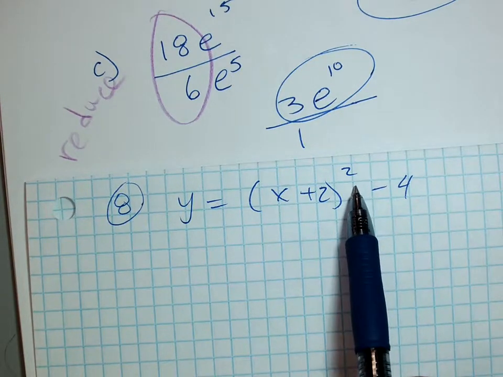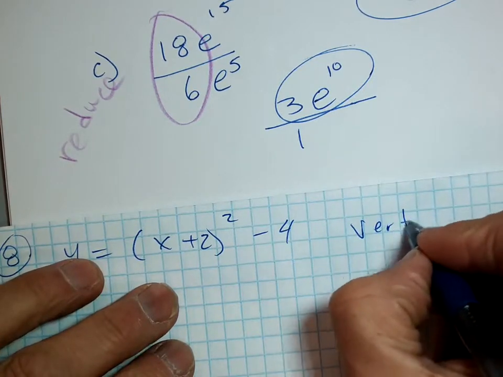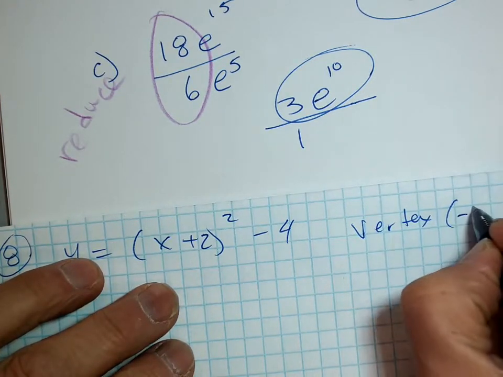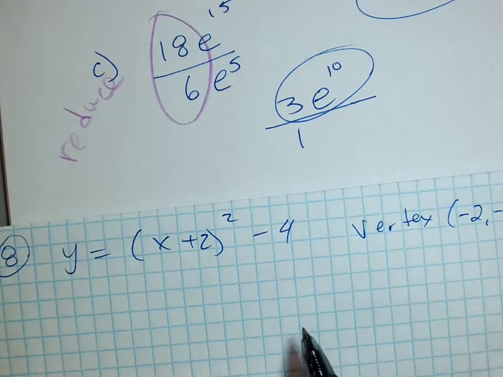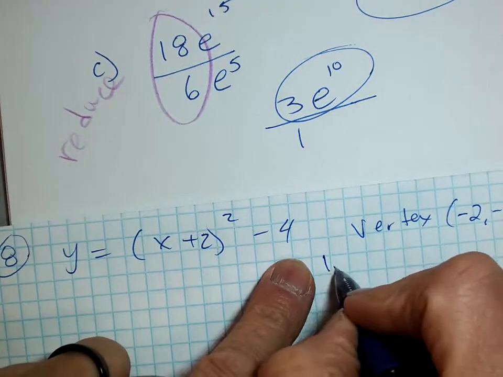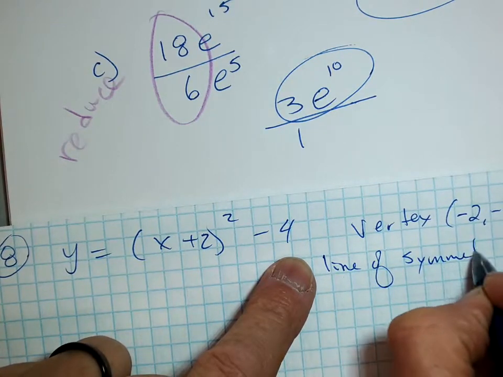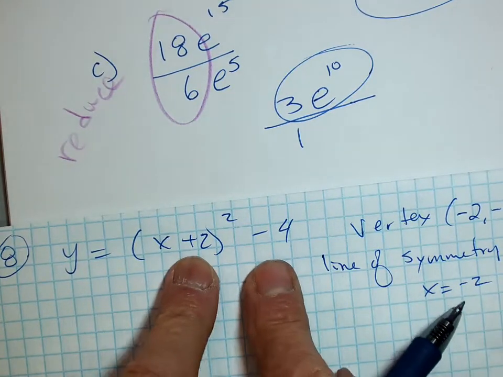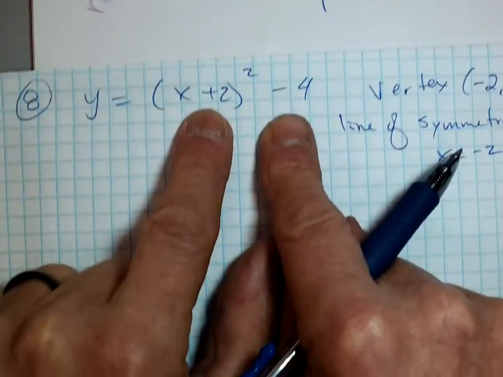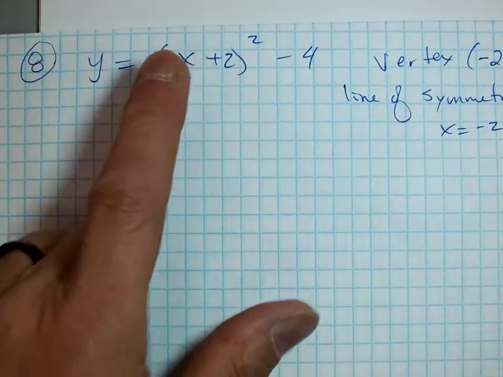The vertex of this parabola is at -2, -4, and the line of symmetry is at x equals -2. I just got it from vertex form.